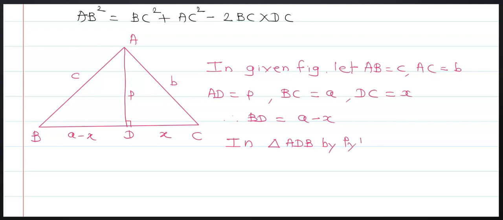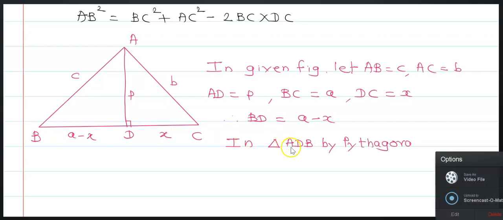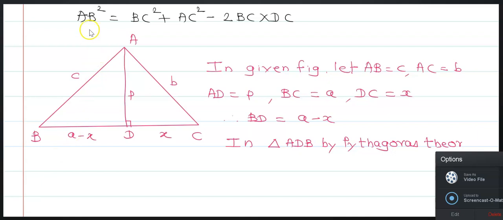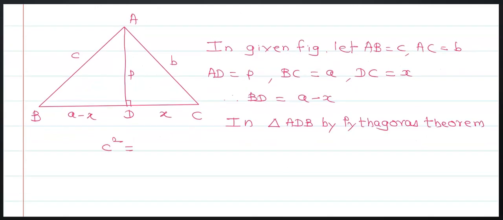Now see this, in triangle ADB, by the Pythagoras theorem, AB is the hypotenuse, and these are the two remaining sides. We want to prove AB square, which is equal to c square.